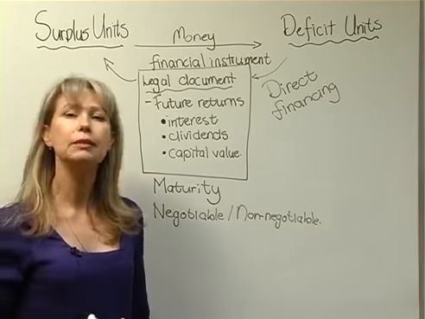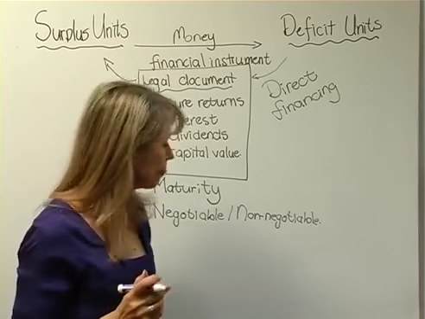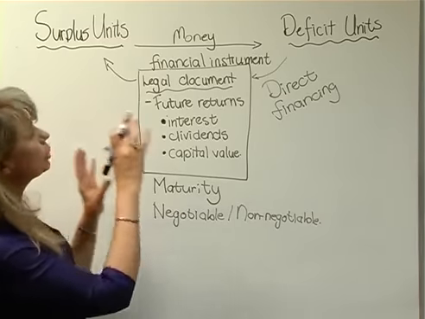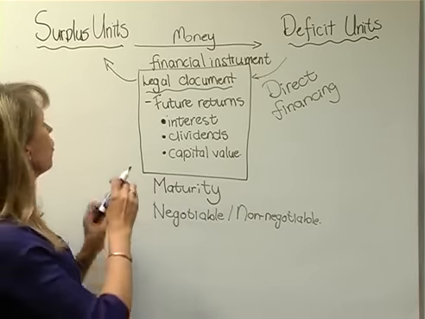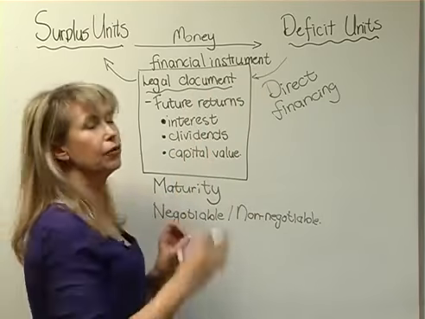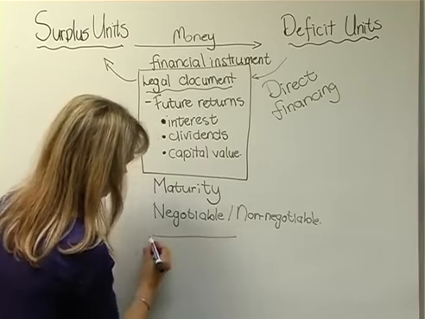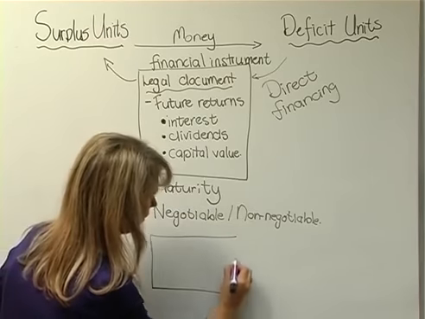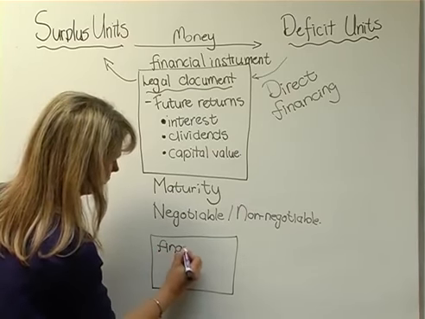But as we've explained to you in the previous video clip 1.1, surplus units and deficit units may have different needs, and therefore surplus units will not always want to buy something directly from a deficit unit. They might prefer to put their funds with a financial institution.